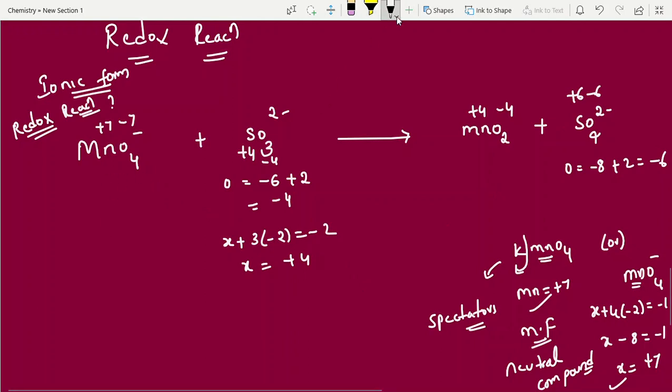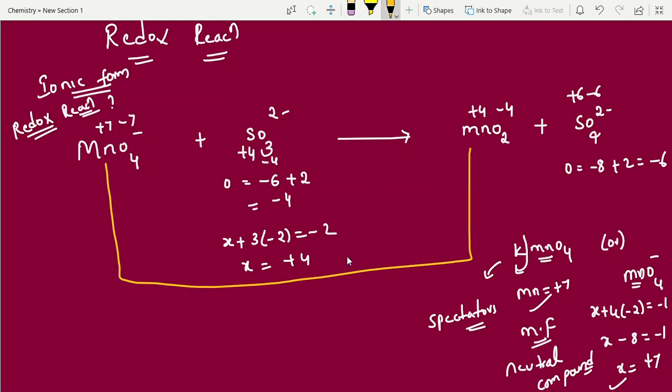Whether it is oxidation or reduction, we are going to determine. So Mn +7 to +4. Decreased oxidation state. Right or not? What do we call a decreased oxidation state? Reduction.